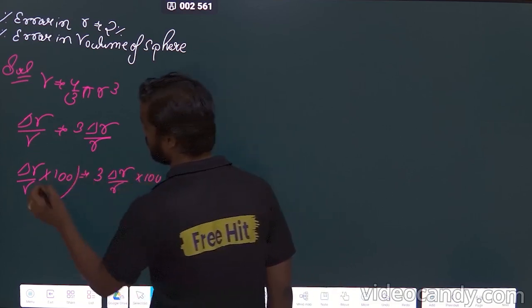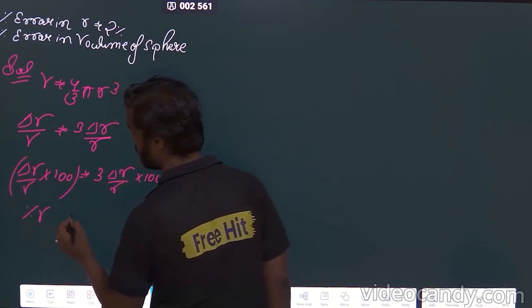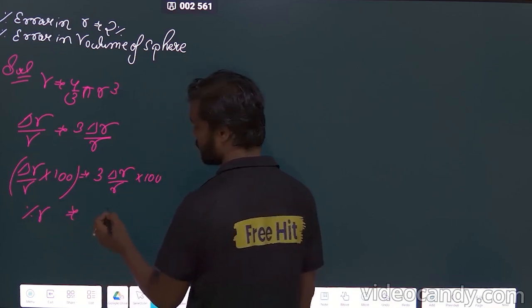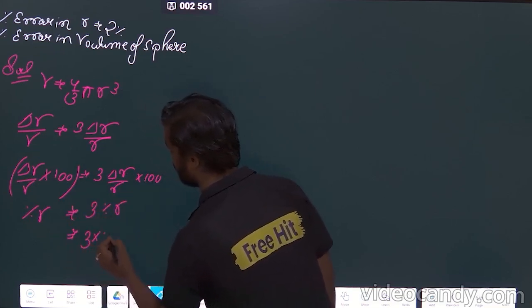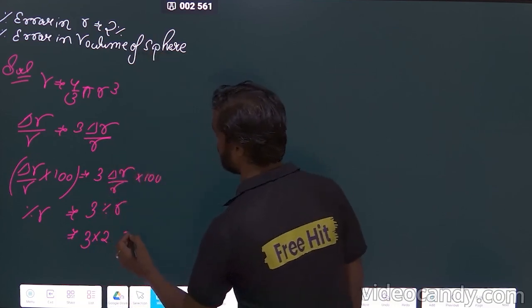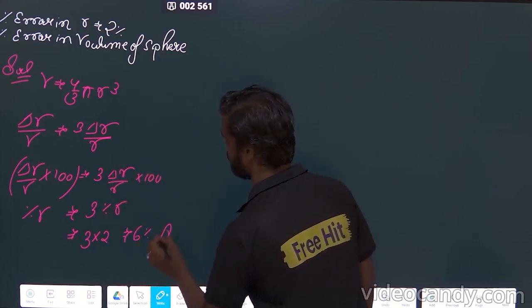So the percentage error in volume is equal to 3 times the percentage error in R. This value is 2 here, so we will get a 6% answer.